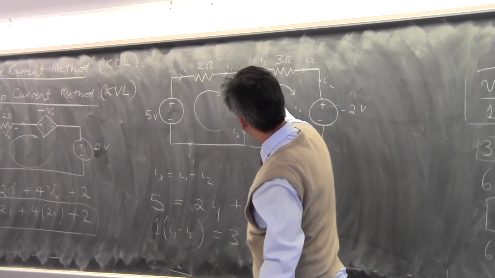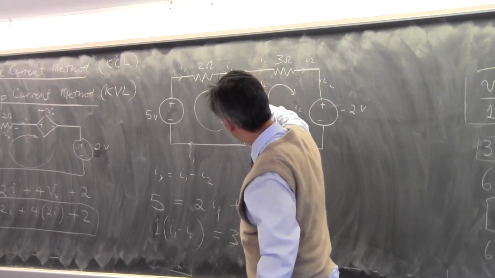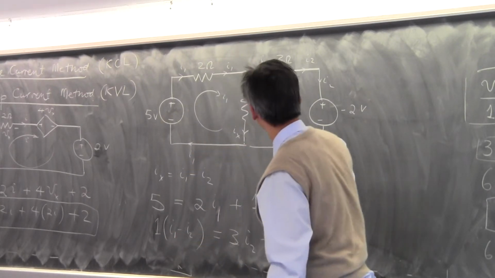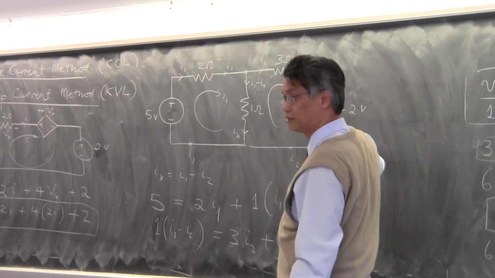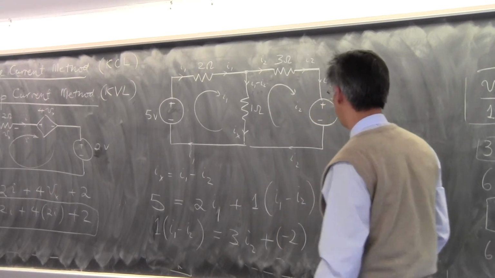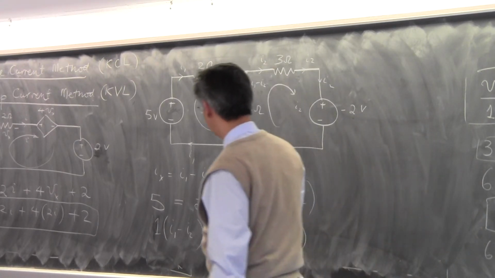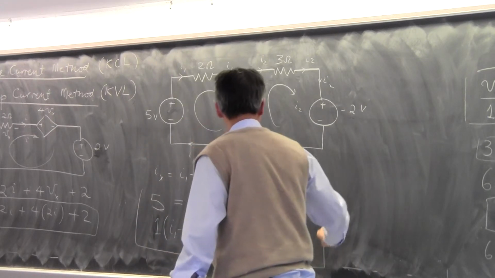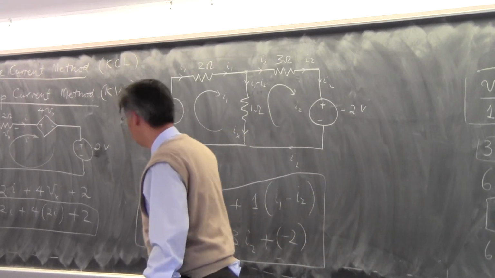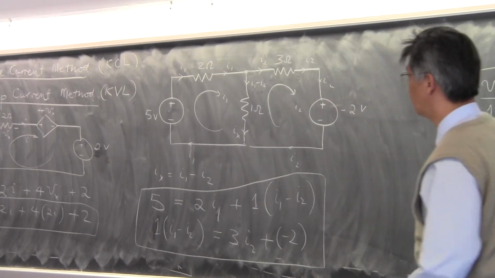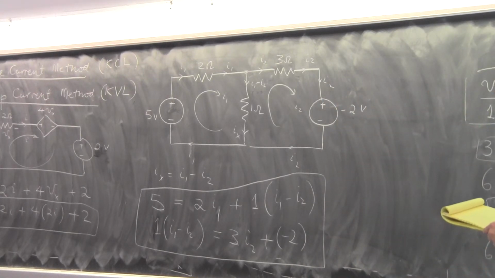This is a voltage drop across here. This is higher potential than here. This potential drop must be equal to this potential drop plus this potential drop, which is given by this equation. So you have two equations, two unknowns, and you can solve for them. This is the loop current method.